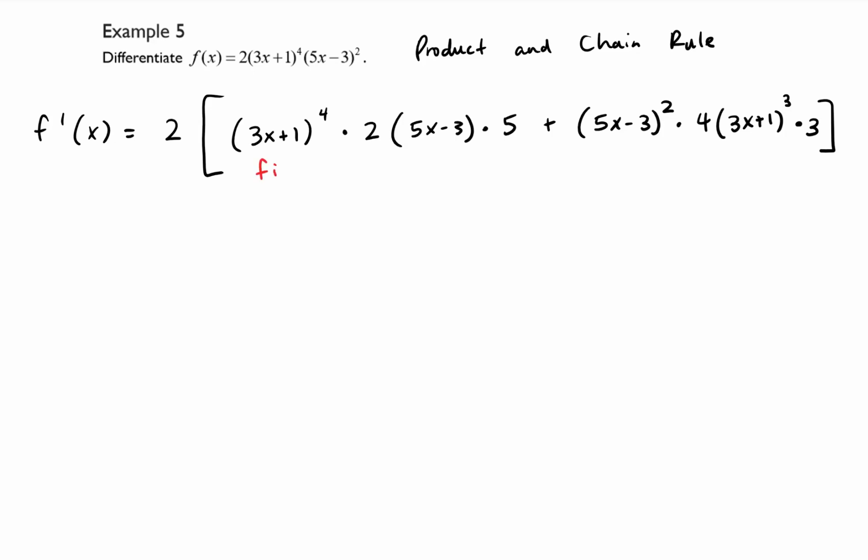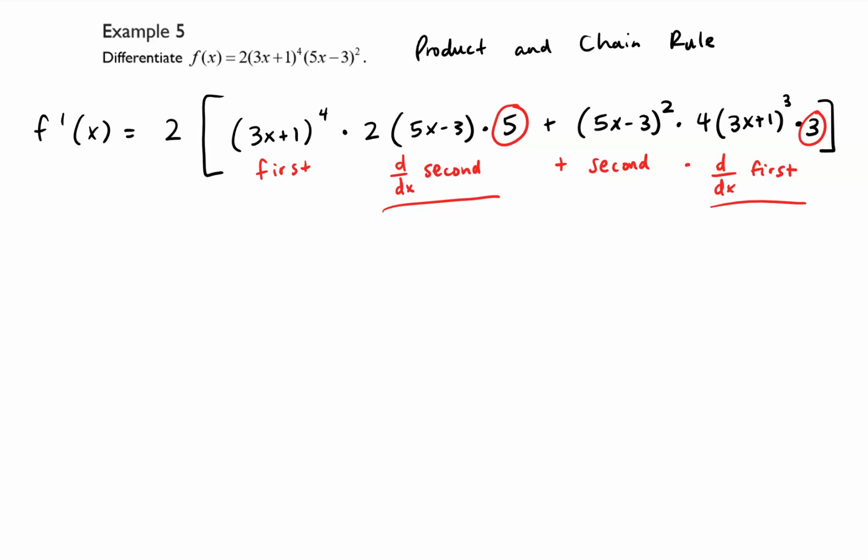It's the first function times the derivative of the second function, plus the second function times the derivative of the first function. And when I'm taking the derivative here and here, this is where I ended up using chain rule by taking the derivative of the inner function. So just keep that in mind.